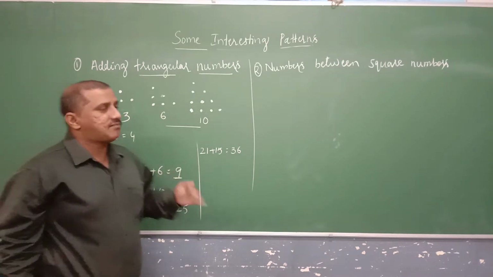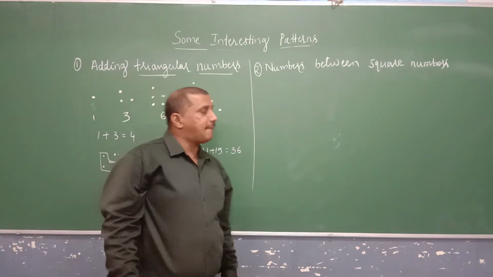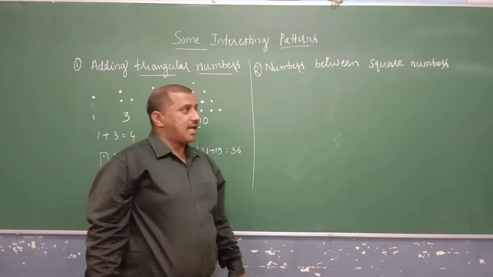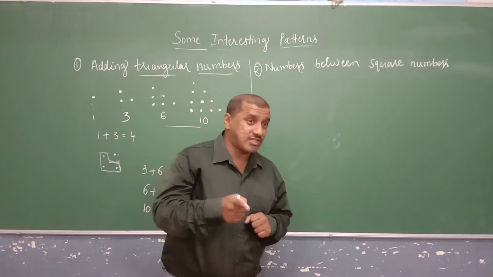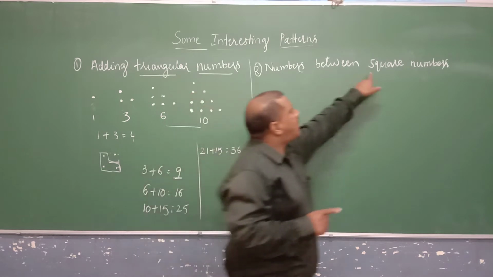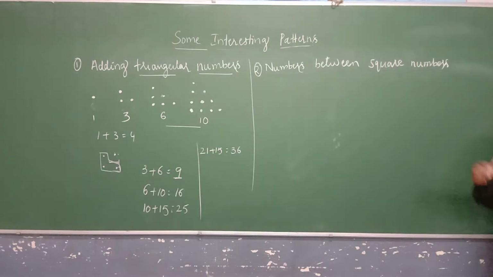Next we will go for the second pattern, numbers between perfect square numbers. How many numbers are there which are non-perfect squares between two consecutive square numbers? We will see here.